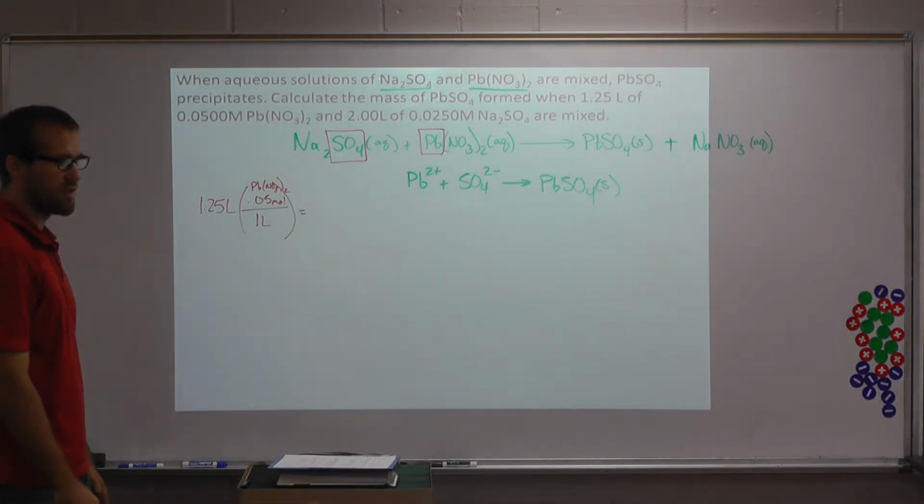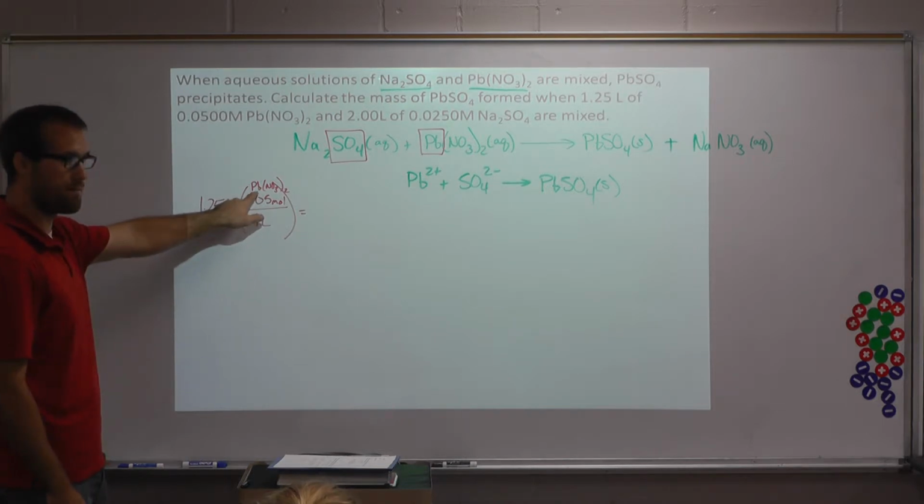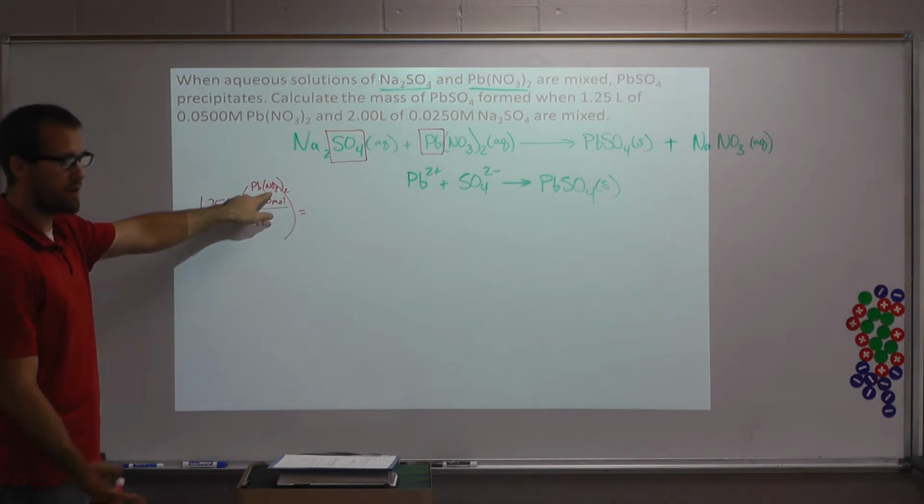Okay, here's the ratio thing again. I want lead, right? Do I care what the nitrate is? No, it's not going to precipitate, so I don't need to know the number of moles of nitrate.